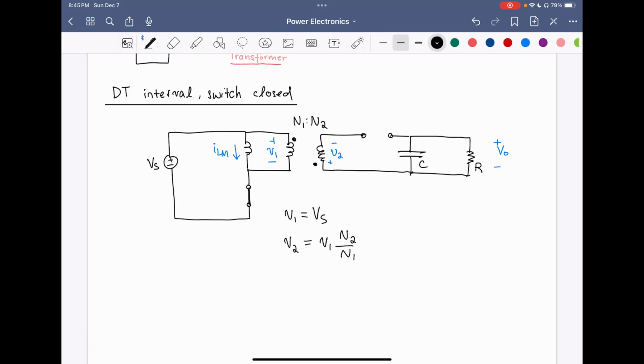So substituting V1 equals Vs, the value of V2 is Vs times N2 over N1.